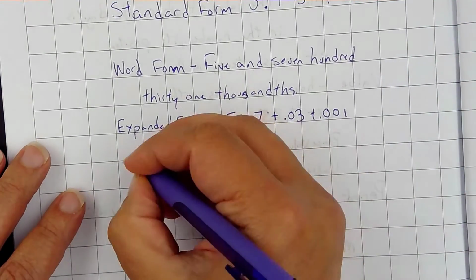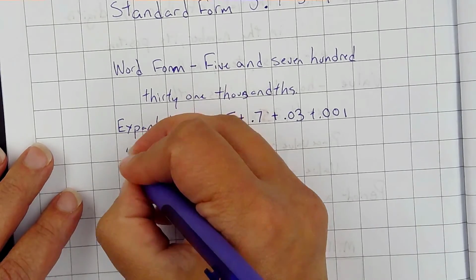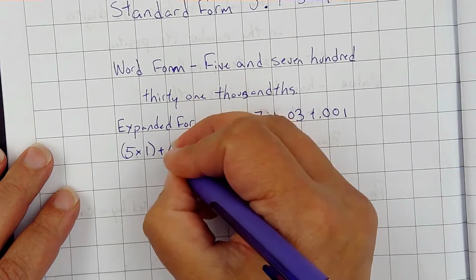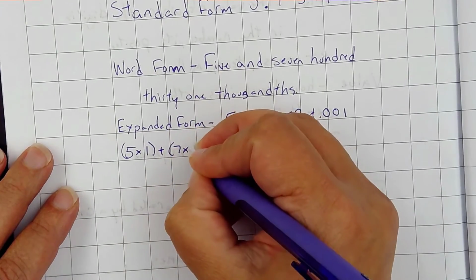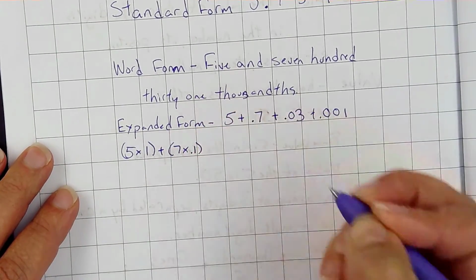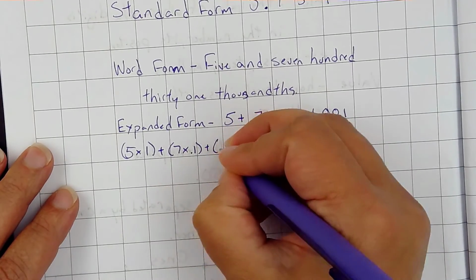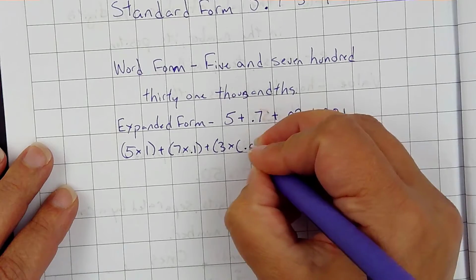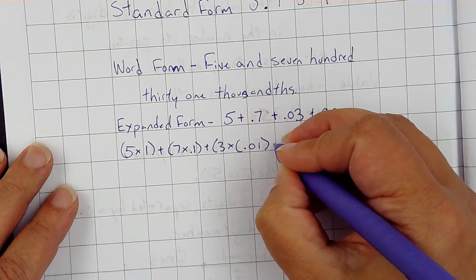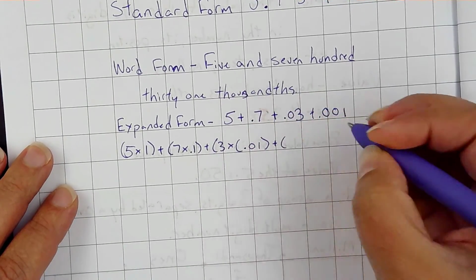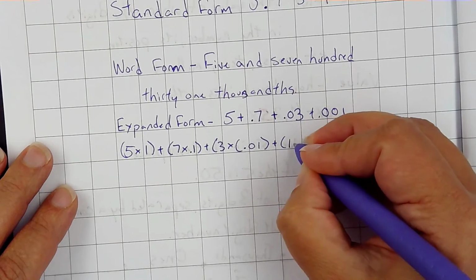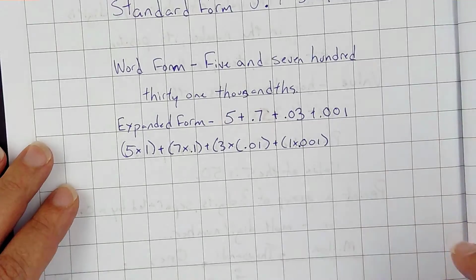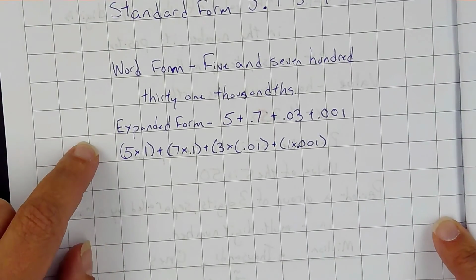I could also write it as 5 times 1 in parentheses, add on 7 multiplied by 1/10, 3 multiplied by 1/100, and finally, add on 1 multiplied by 1/1000. So expanded form, I could write that either way.